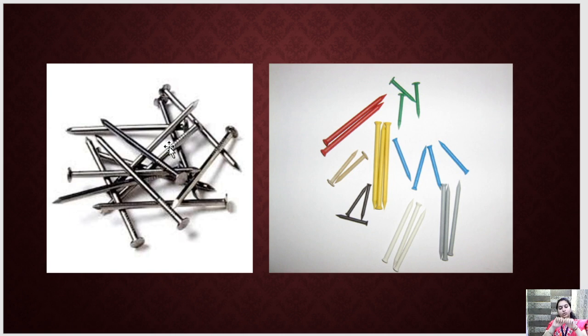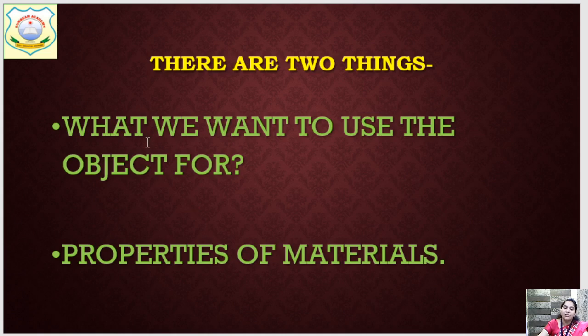We cannot even break it. A plastic nail we can bend, but this iron nail we cannot bend. Because the property of iron is that it is very strong, the property of a material is important, and for what purpose we are using the object is also very important. So these 2 points are important to select which type of material we are going to use.